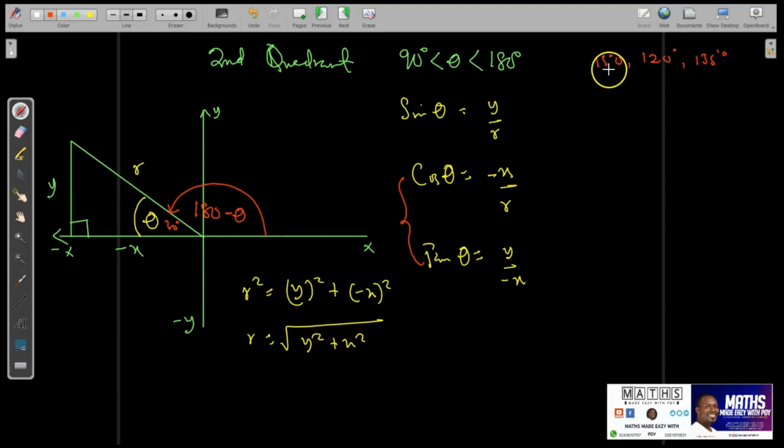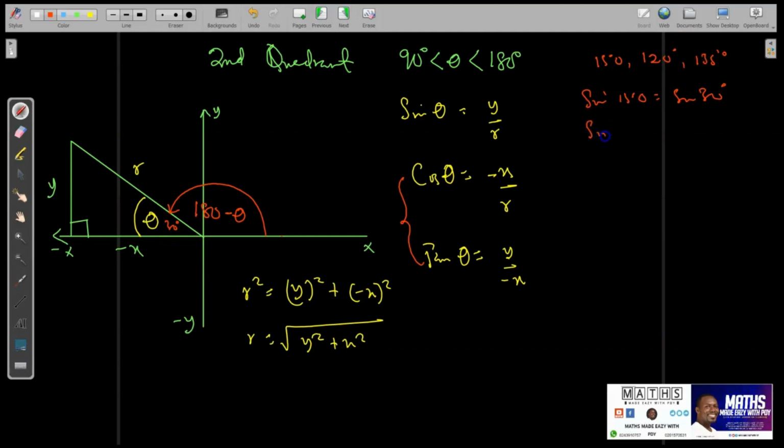Find sine of 150 degrees for me, please. Just be fast on it. It's half. So sine 150 is the same as sine of 30 in the second quadrant, and it's a positive number.